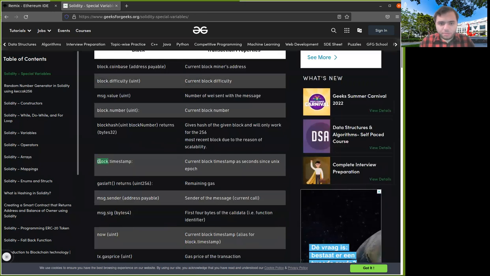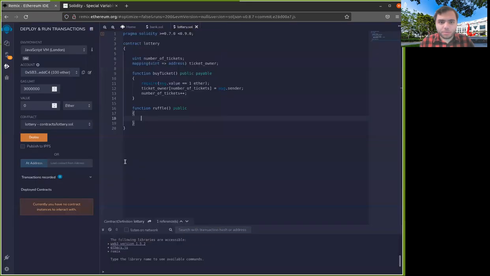So let's say I use block.timestamp and I just say, okay, this is my random number. So my random number is just block.timestamp. And of course, I want my random number to be between 0 and n, between 0 and the number of tickets. So I will just take this modulo number of tickets.